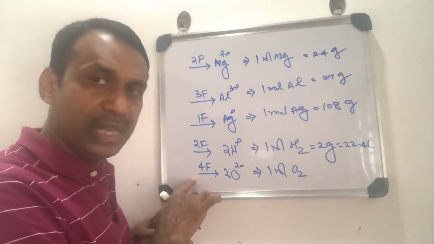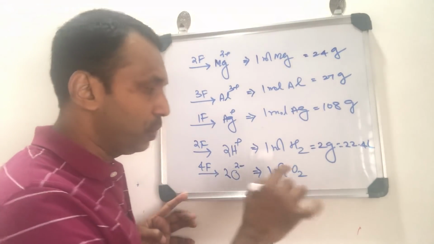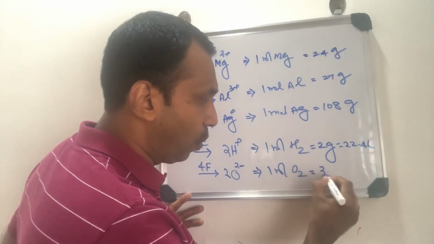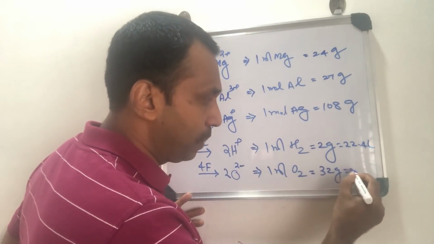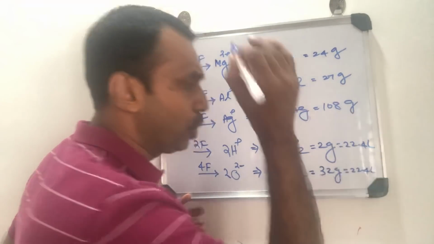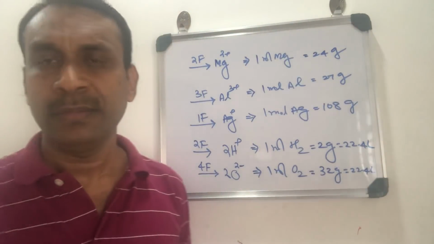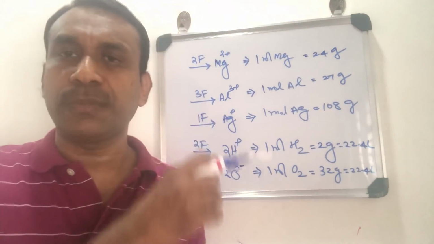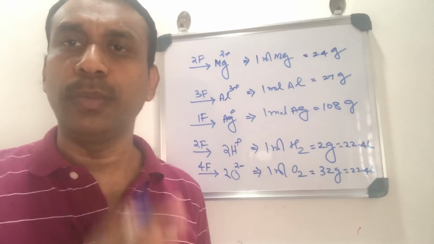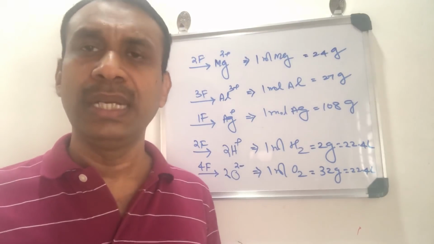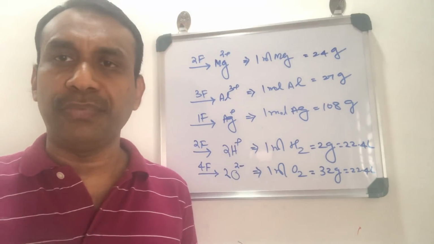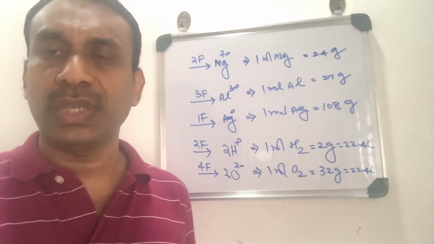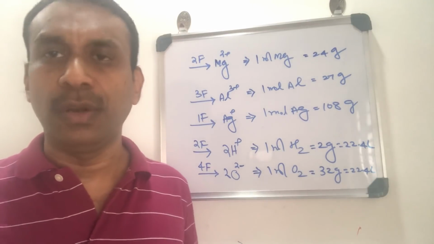So it requires 4 Faraday to produce 1 mole O2. We know 1 mole O2 means 32 gram. Then what will be the volume? 22.4 liter. You should remember this point for solving numerical problems. A very easy method to find out the number of Faraday required for the production of metals or non-metals.